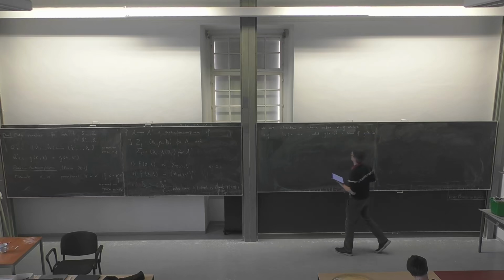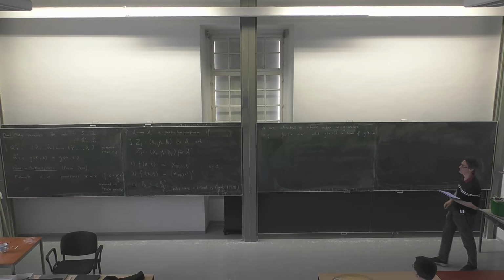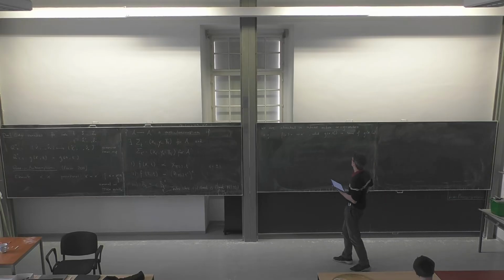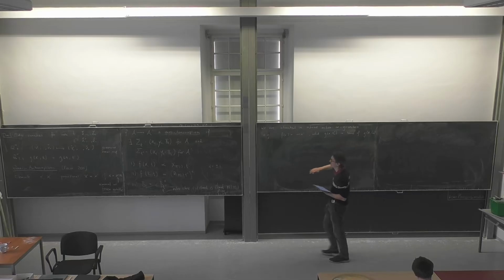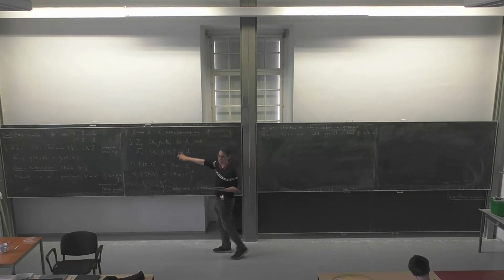I guess I should put prime there because it might be a node corresponding to A prime. Okay, so I want to know the G vectors in A prime, given the G vectors in A, assuming there exists such a map.